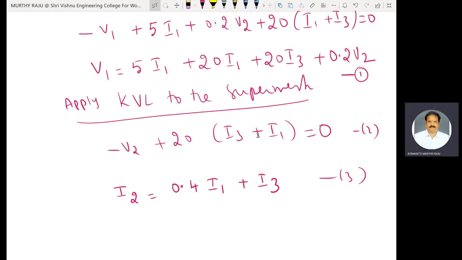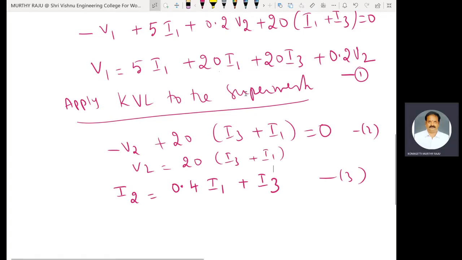From equation 1, V1 is equal to 5 I1 plus 20 I1 plus 20 I3 plus 0.2 V2. From second equation, V2 is equal to 20 into I3 plus I1.